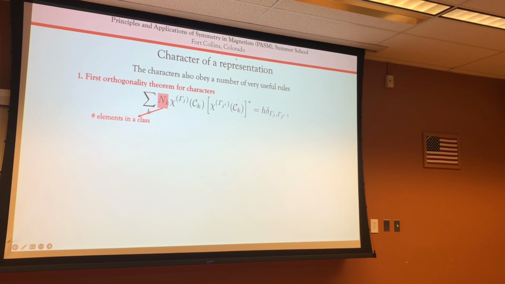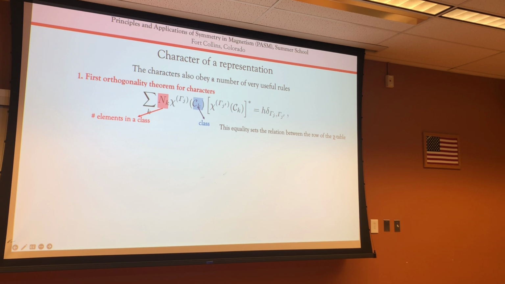So this is the first orthogonality theorem that tells you that the sum over the different transformations, okay, A, B, C, D, of the number of elements in a class times the character of this class in this representation gives you this equality. So we have this first set of equality.